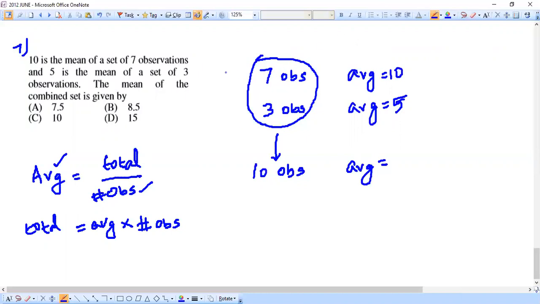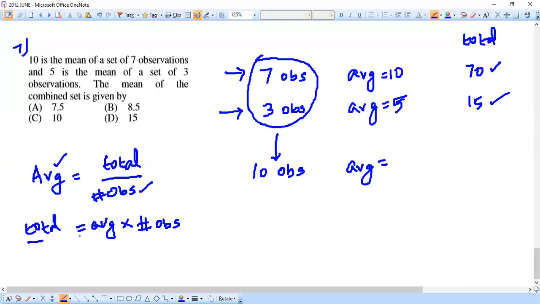For the first data, there are 7 observations and the average is 10. So the total for the first 7 observations would be 10 into 7, which gives 70. And for the next 3 observations, the average is 5, so the total is 5 threes, which is 15. I'm multiplying because I need to find the total.